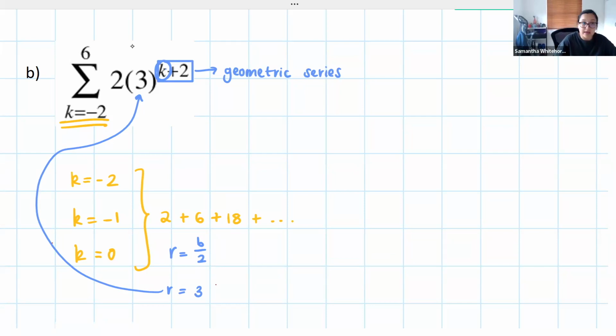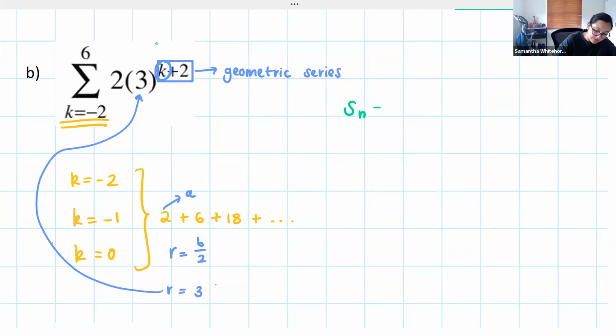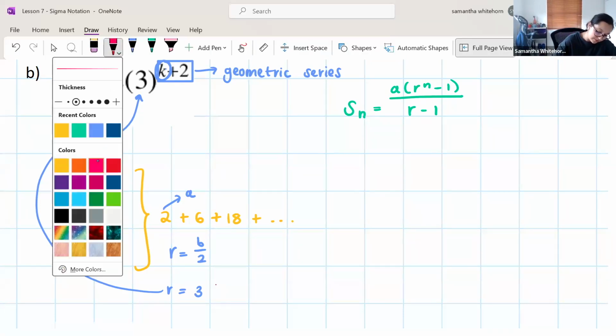All right, but we have everything we need. We know what our a value is. We know what our r value is. And so we can go work out our sum. Sum of n terms of a geometric pattern is a times (r to the power n minus 1) all over r minus 1. Now, the only bit of information I am missing is how many terms I am adding.